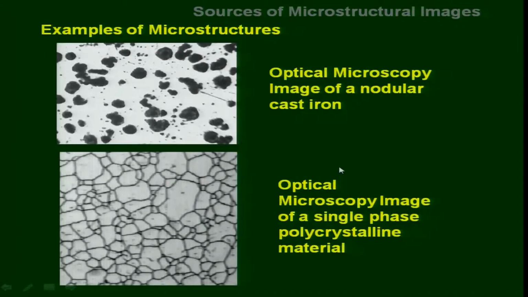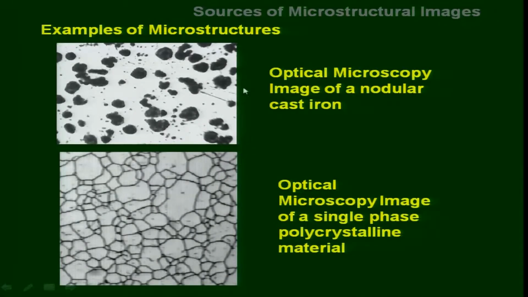Looking at some of the microstructures, for example, here are a couple of microstructures shown from a metallurgical optical microscope. This is a microstructure of a nodular cast iron, where the dark regions are the graphite nodules, and this is a single phase polycrystalline material showing us grain boundaries, and also you can see where three boundaries meet, triple points, which in the three-dimensional image are actually lines or triple edges.